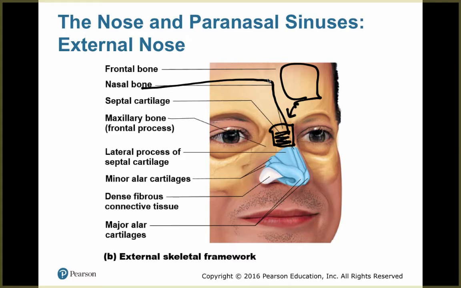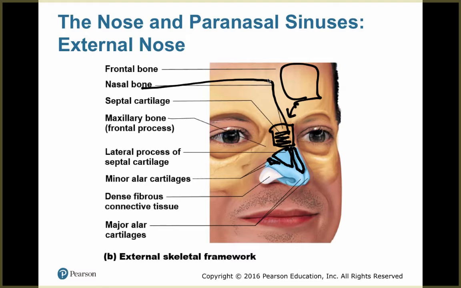And then you can see on this area that divides here, that's the septal cartilage. The maxillary bone is right on the outside of that. And then you can see there's a small process that comes from that septal cartilage that comes out here, and that's that lateral process.